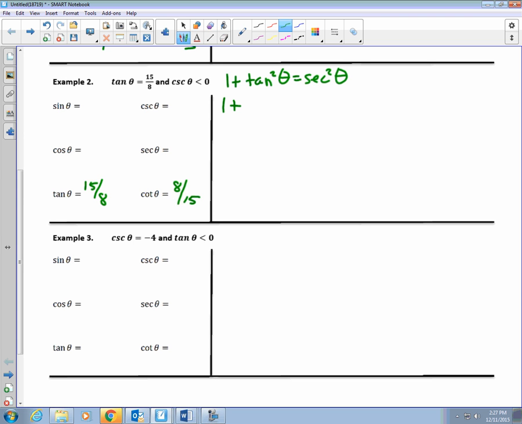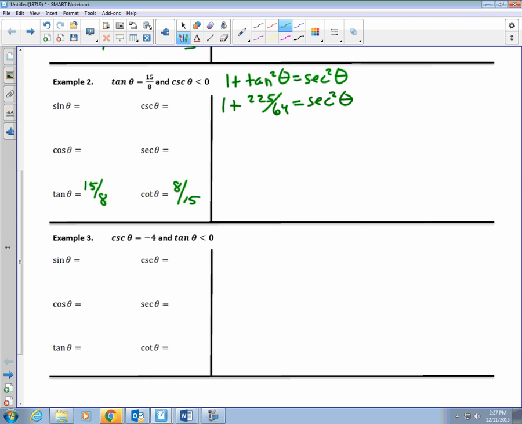One plus, good. So Isa is going to square 15/8. 15 squared is 225, and 8 squared is 64, equal to secant squared of theta.